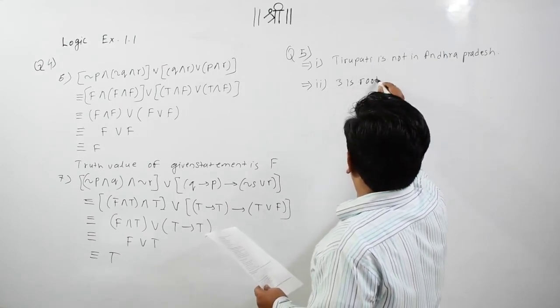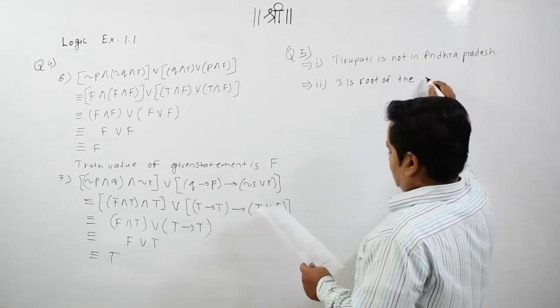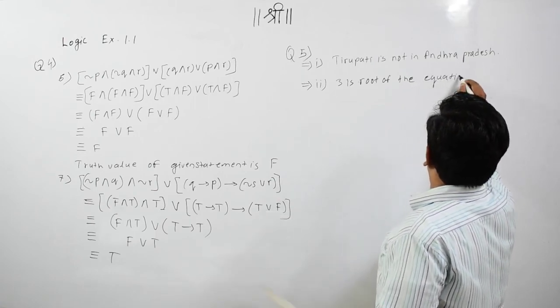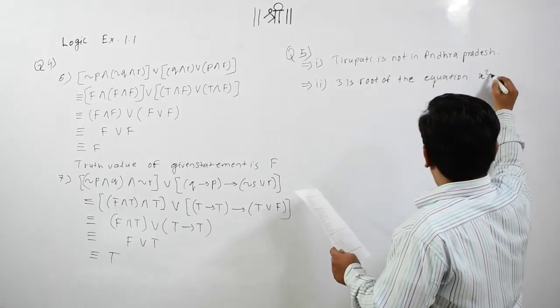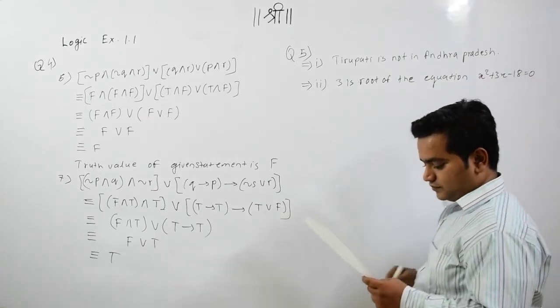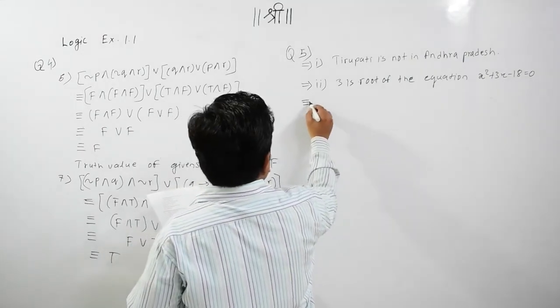Next step. So 3 is root of the equation. What is the equation? x square plus 3x minus 18 is equal to 0. Okay, you got it? Now next question.